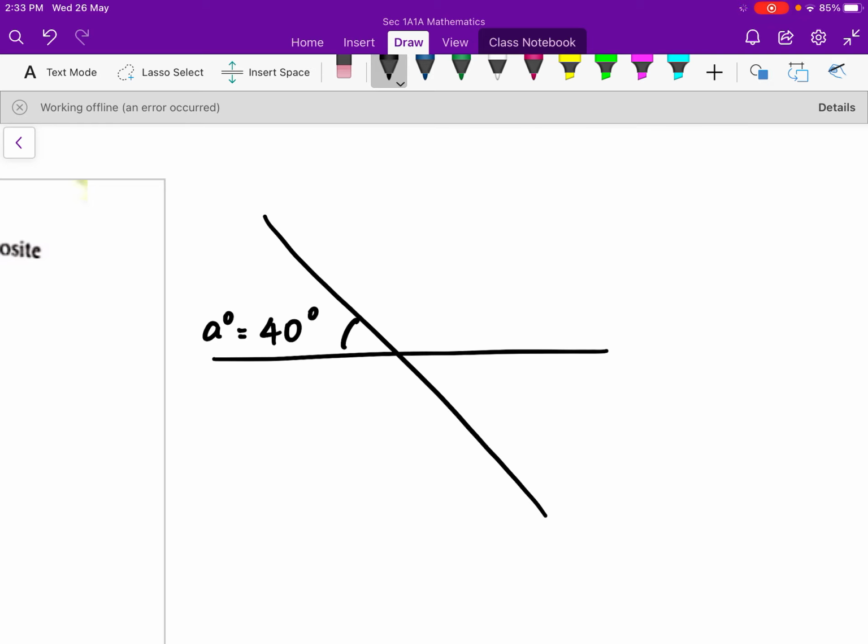Now can you think about what angle B over here is equal to? So note that A and B, they lie on the same straight line.